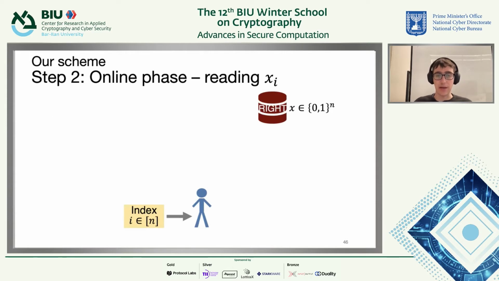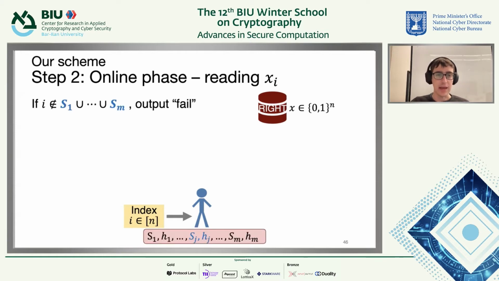Now, to do an actual read in the online phase, the client gets an input i, which is the element that it wants to read. The first thing the client does is search through its local collection of sets to find a set that contains index i. If none of the sets contain index i, then the client fails, and we'll account for those failures later on.